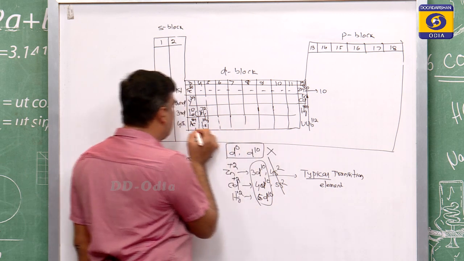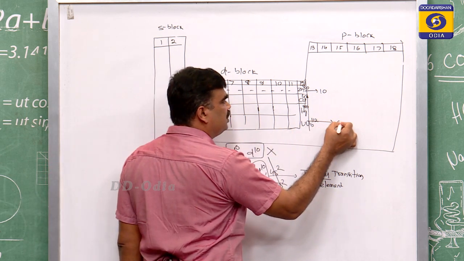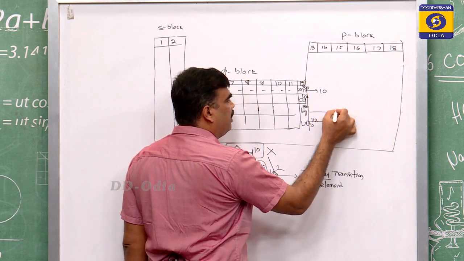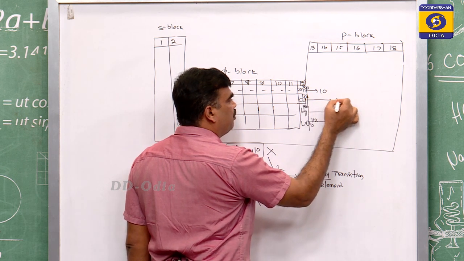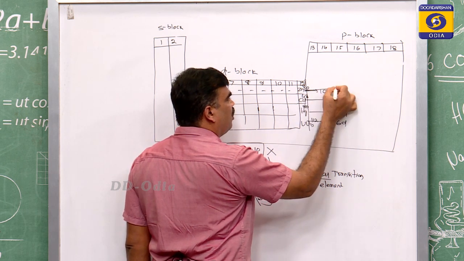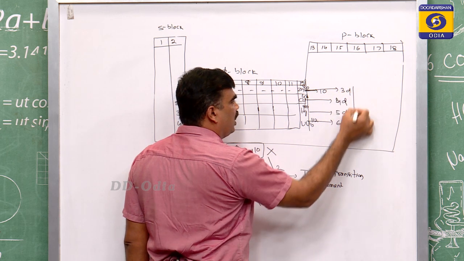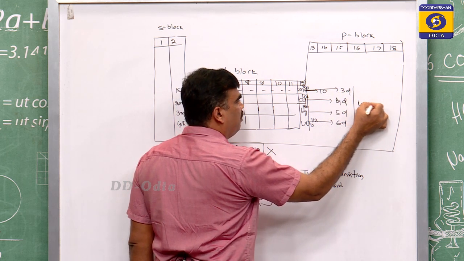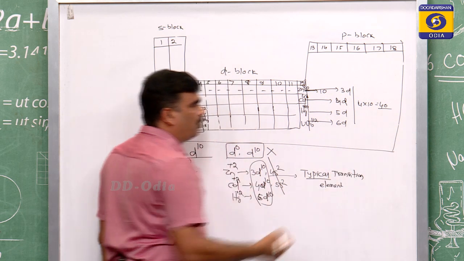So this fourth transition series is called the 6d series, this is the 5d series, this is the 4d series, and this is the 3d series. So total 4 into 10, there are 40 elements in all.